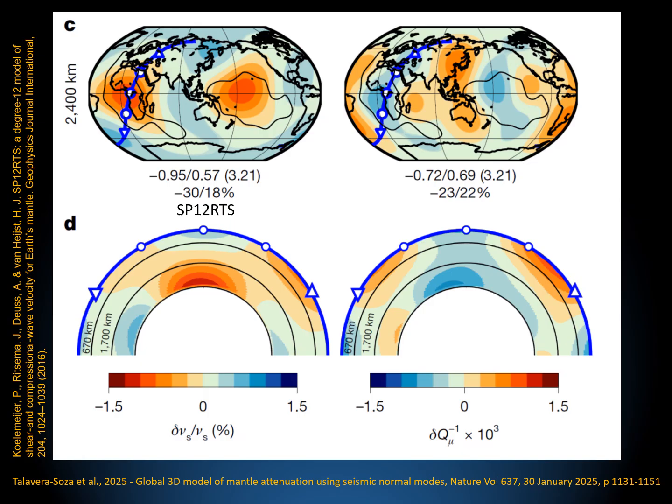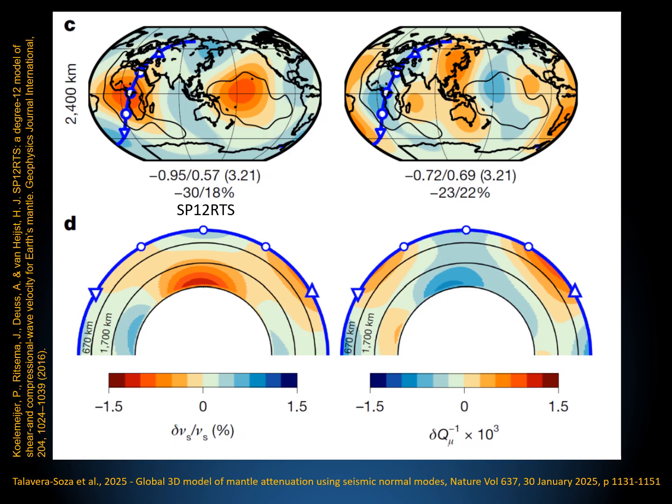The orange areas are negative anomalies, which means they are low attenuation, where seismic waves lose less energy. Mantle plumes produce low attenuation, that is, negative anomalies, as we can see here, because hot, partially molten mantle transmits long-period seismic waves with less energy loss.